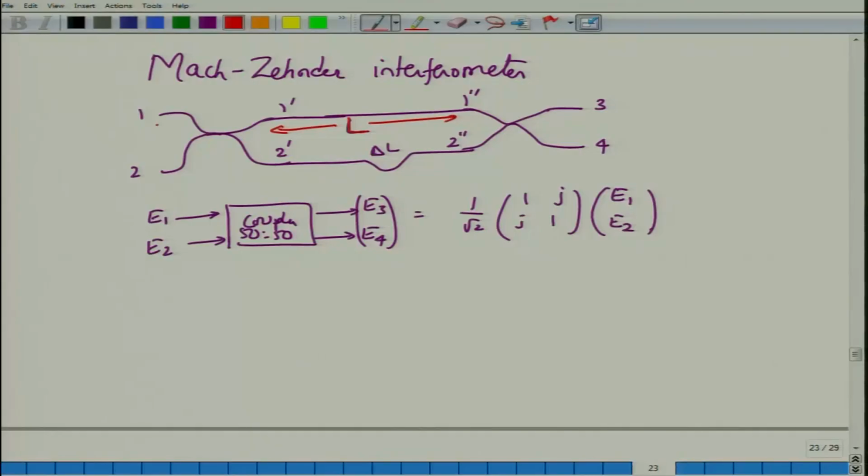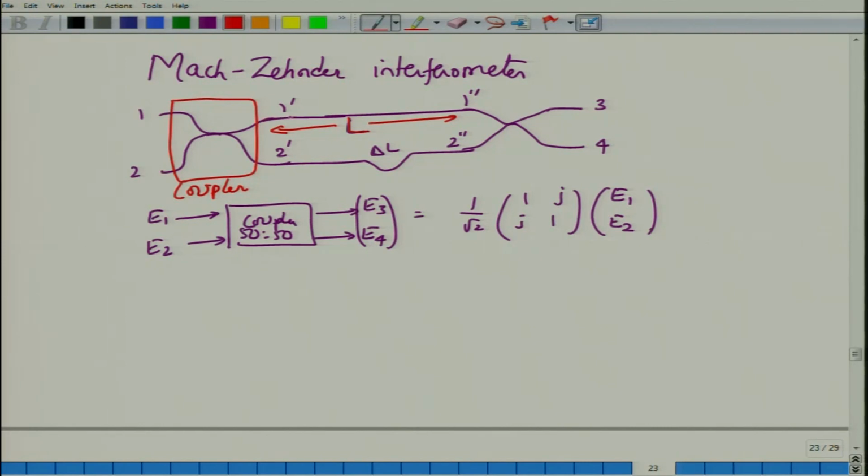The same concept can actually be realized using optical fibers or an optical integrated circuit. All you have to do is construct this. You start with two waveguides, fuse the cores together and then pull them apart. By now we already know that this is a coupler, so we call this an input coupler.